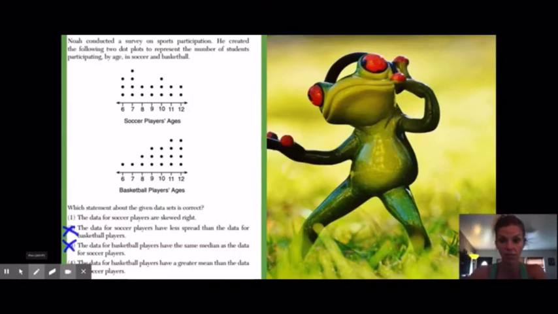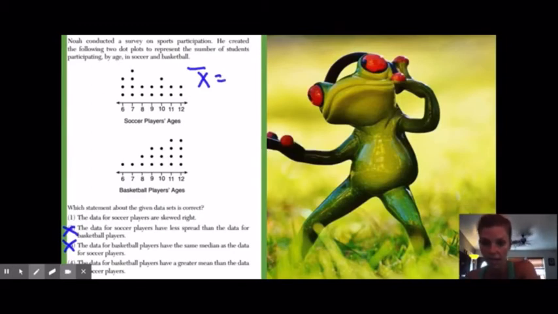You don't have to write these numbers out. To add these up, again, if I want to find the average of the soccer players, I'm going to add them up. So I have 3 6-year-olds. So that's a 6 plus 6 plus 6, or you can do 6 times 3. Plus, I have 4 7-year-olds, 2 8-year-olds, that's 2 8s, 2 9-year-olds, 3 10-year-olds, 2 11-year-olds, and 2 12-year-olds.